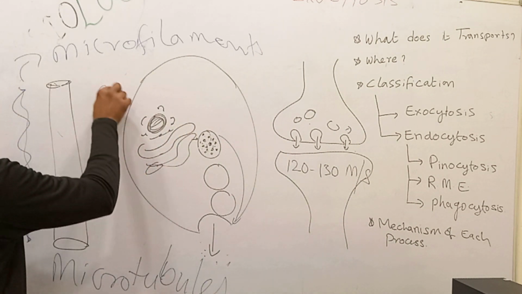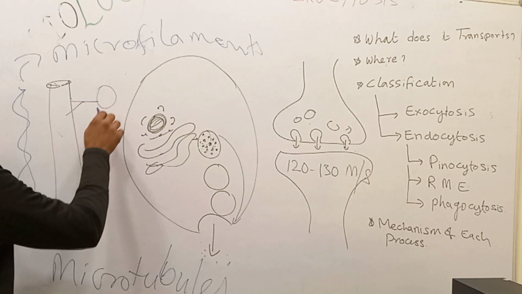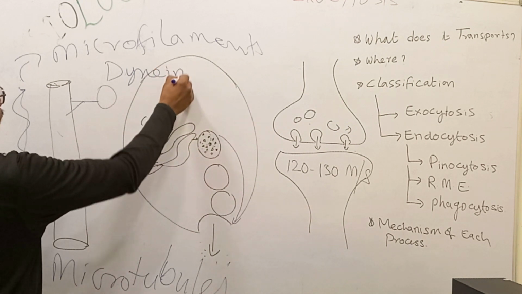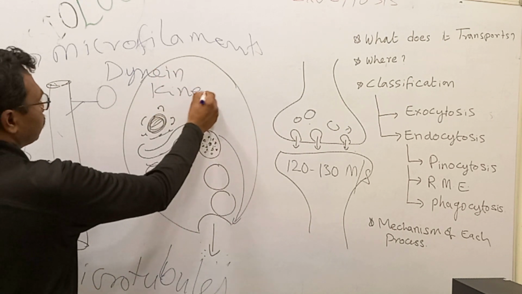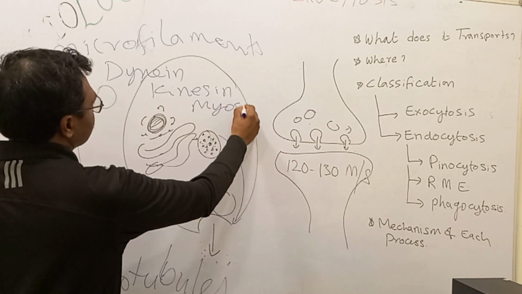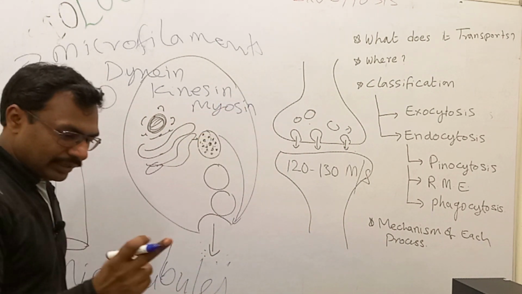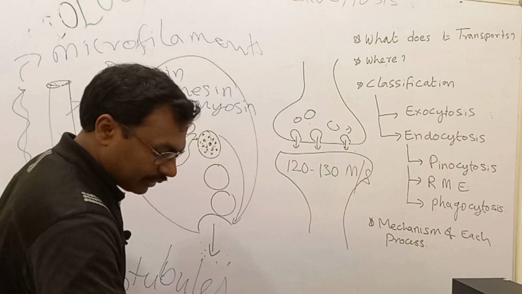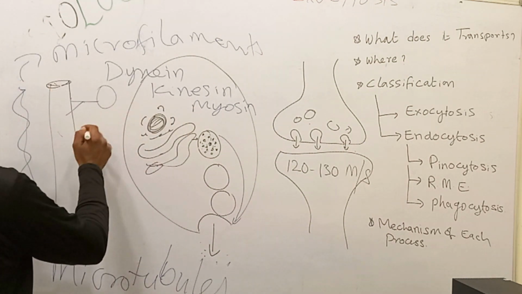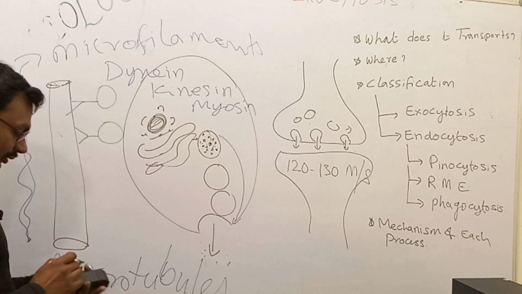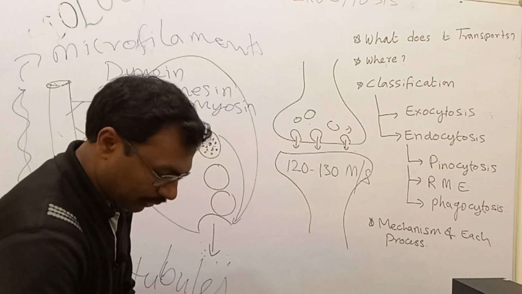One is dynein, kinesin and myosin. Dynein, kinesin and myosin, these three are the molecular motors. One here, and then one more.